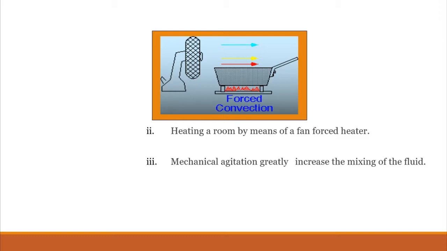And for the winter, the fan should rotate clockwise to pull cool air up from the volume and push warm air downward. And secondly, mechanical agitation greatly increases the motion of the fluid.